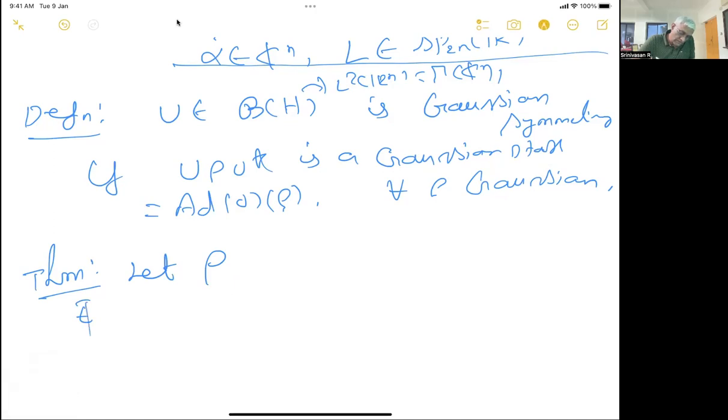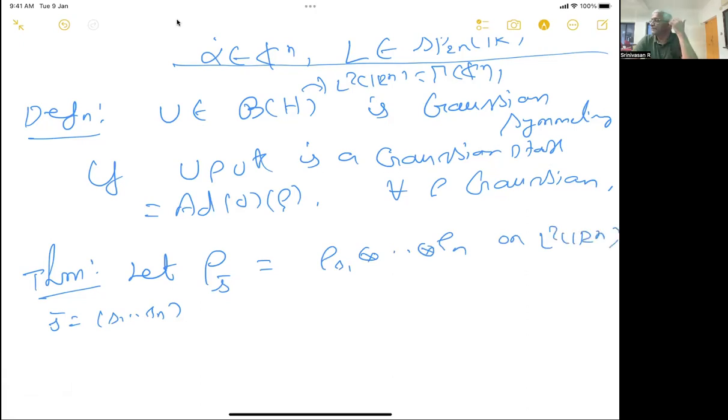I'm going to use t for something else. Let rho_s bar equal rho_s1 tensor up to rho_sn, on L2 of R. So we have that state.